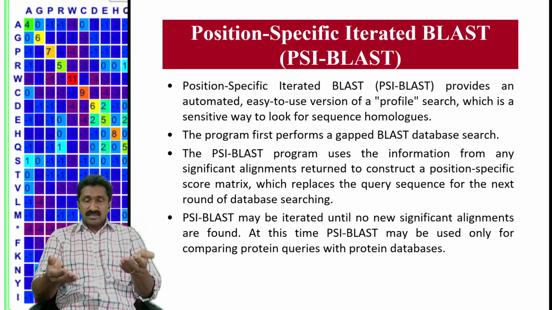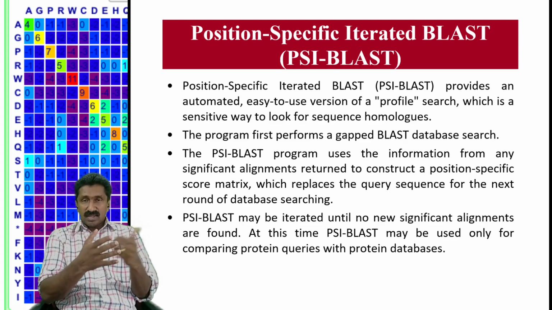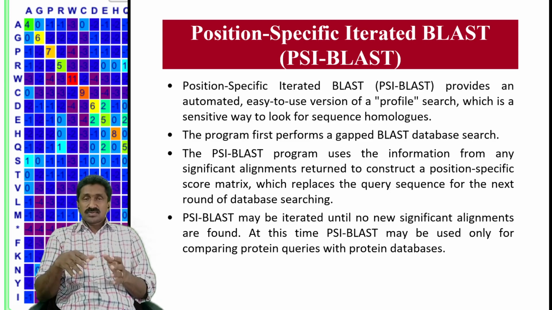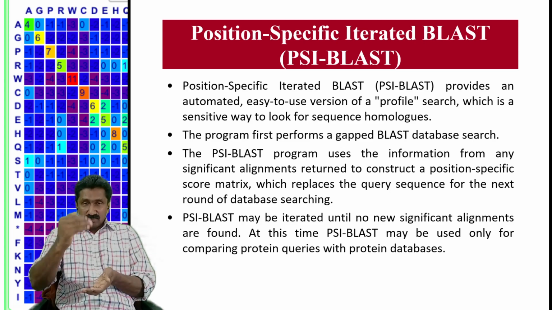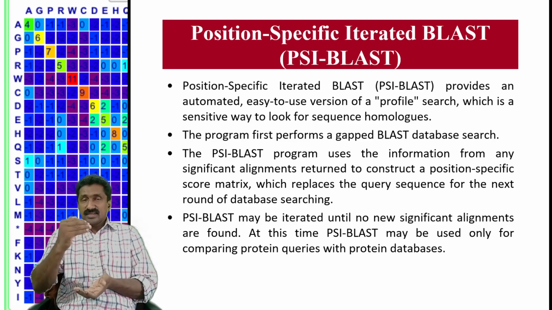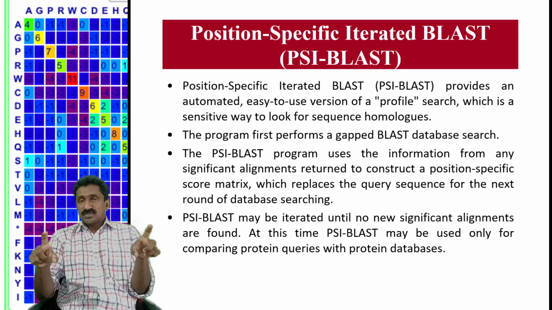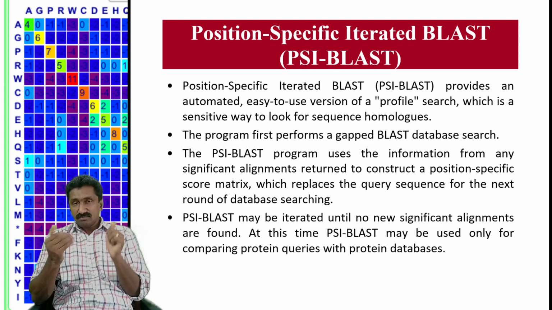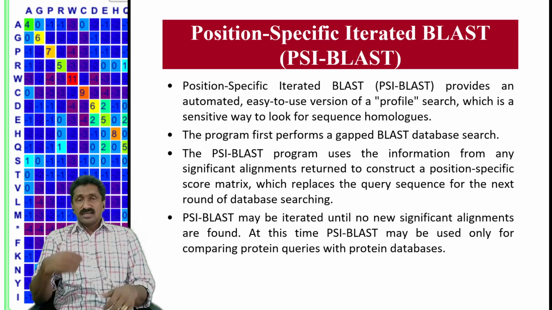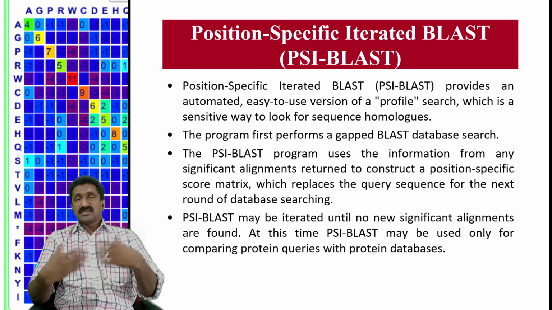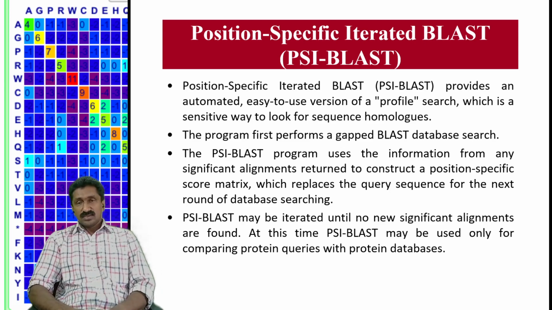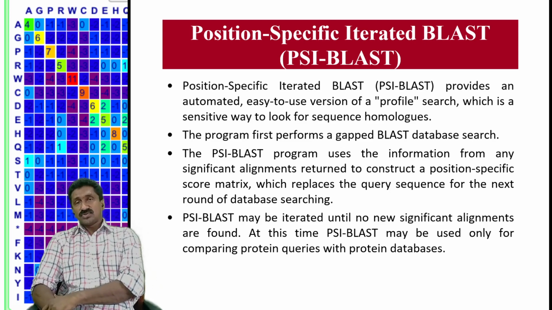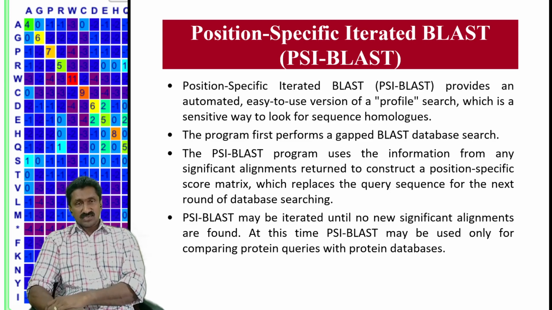So by accepting your input, it will perform a BLAST search, get the similar items, compare and align them, and generate a position specific matrix as we previously discussed. Using those matrix values or scoring values, the remaining detailed BLAST will be performed. That type of BLAST is known as position specific iterated BLAST, or PSI-BLAST.